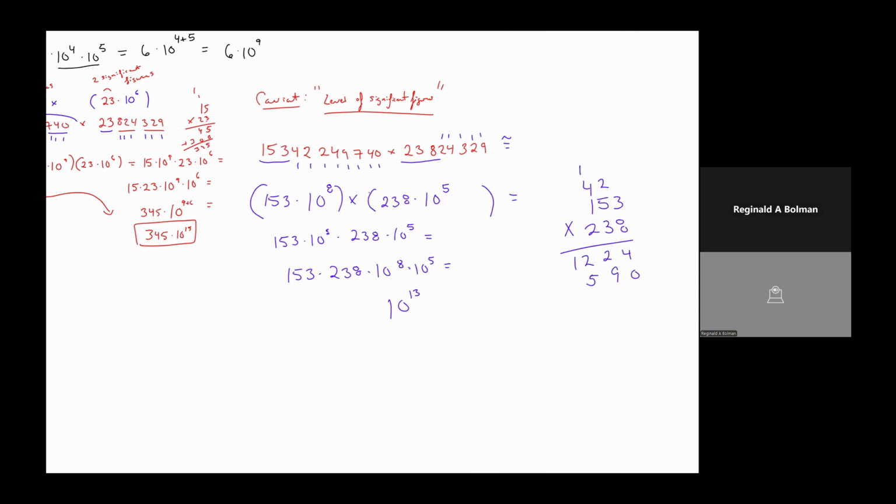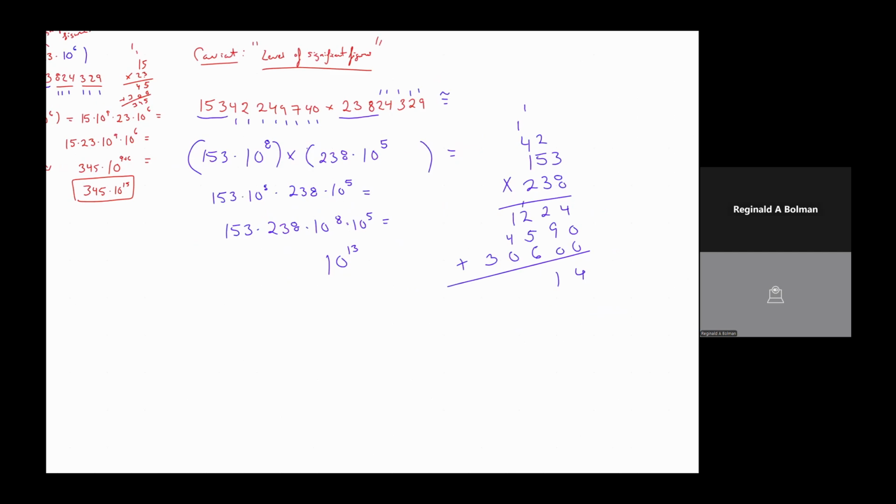Drop 2 zeros. 2 and 3 is 6. 2 and 5 is 10. 2 and 1 is 2, plus 1 gives you 3. Add everything together. You get 4, 11. 2 and 1 is 3. 3 and 5 is 8. 8 and 6 is 14. You get 1 and 1 is 2. 2 and 4 is 6. And a 3 is left over.